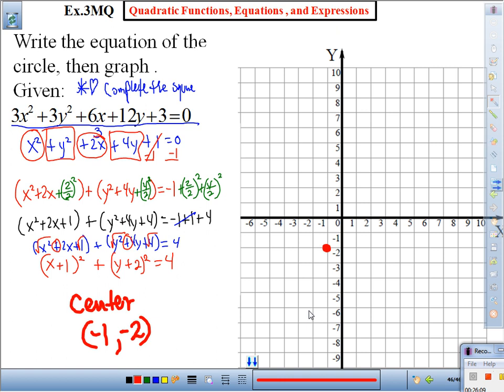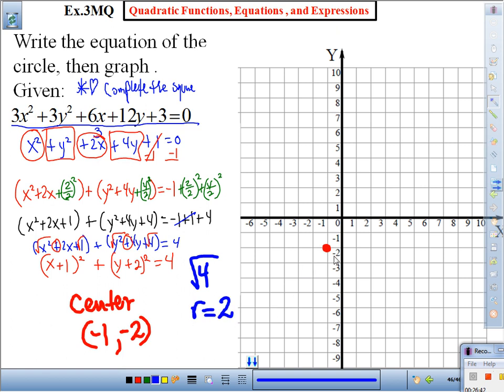4 is r squared, which is the radius squared. So what is r? 2. That is correct. So at the end we need to take this number, take the square root, so our radius is 2.